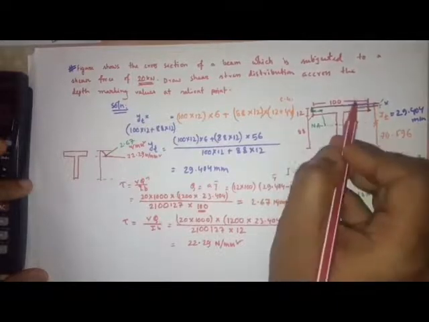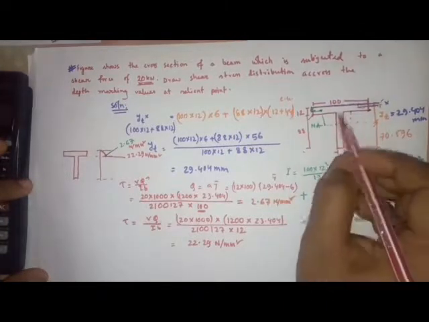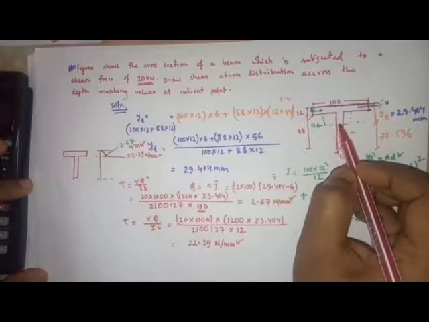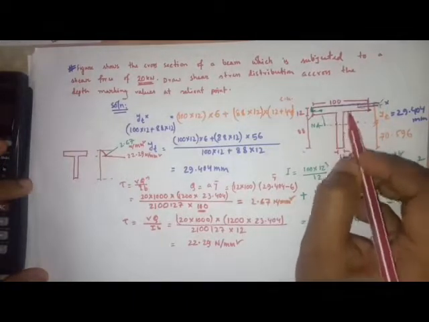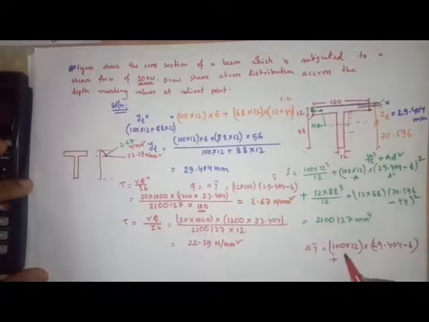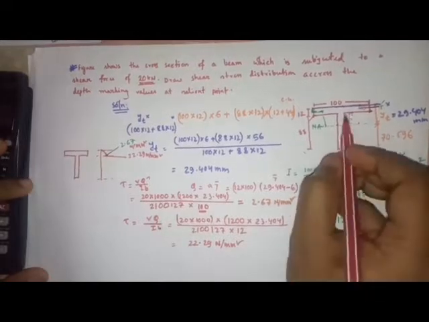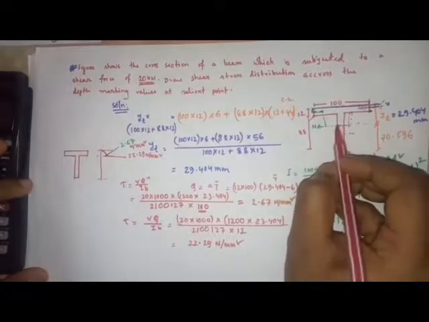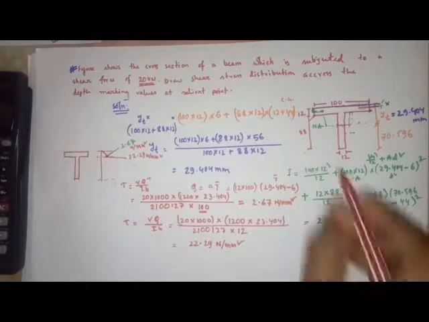So I find for this one, and now AY bar for this one. So this one's distance, what's the depth distance from here, this is 29.404 minus 12, this is the depth and this is the width, so it will be multiplied with 12, multiplied with its centroid.